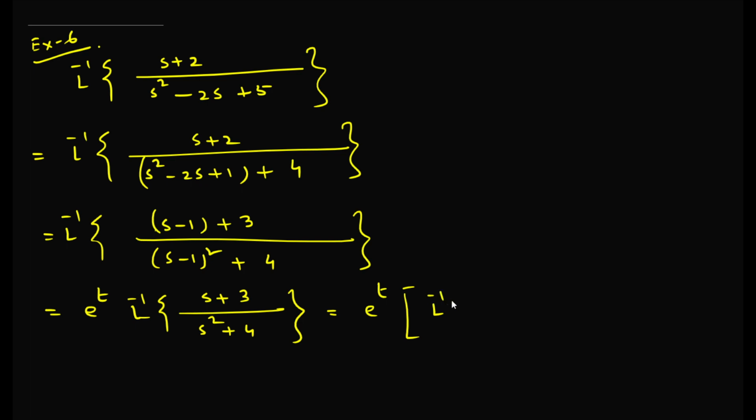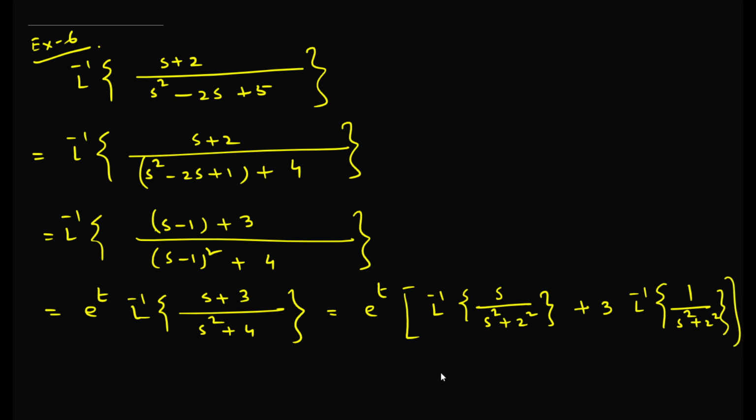One will be L inverse of s divided by (s square plus 2 square), and then take 3 outside, L inverse of 1 divided by (s square plus 2 square). Okay, so e to the power t, its simple formula is cos 2t, and then it is how much, sin 2t.